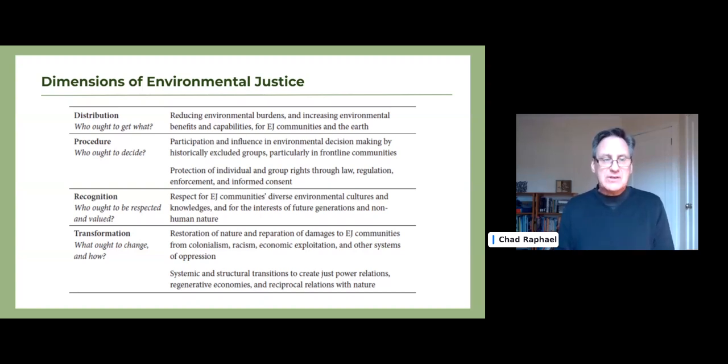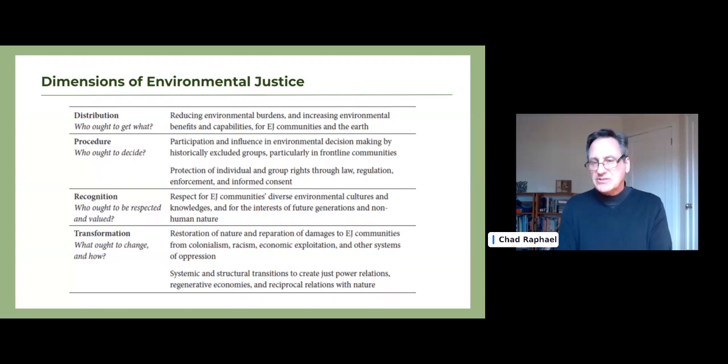So not just an anthropocentric definition. In terms of procedural justice, EJ is about participation and influence in environmental decision-making by historically excluded groups, particularly in those frontline communities that are most affected by environmental injustices.